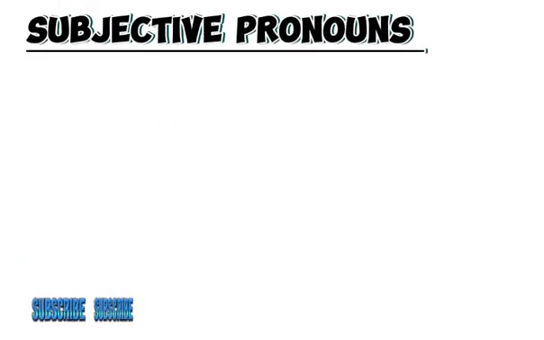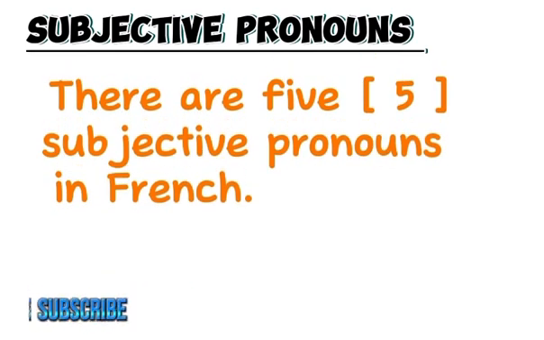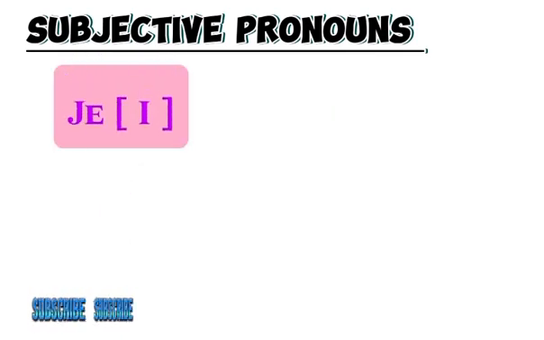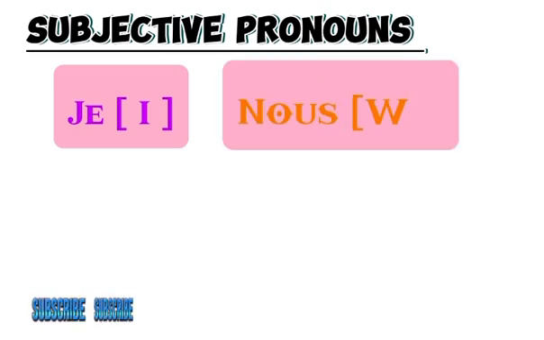To begin, let's take a look at the subjective pronouns in French. There are 5 subjective pronouns in French, and they are: number 1, je, which means I. The plural form of je is nous.